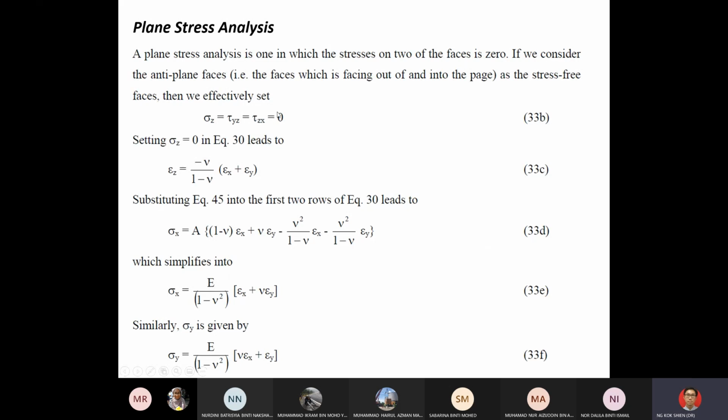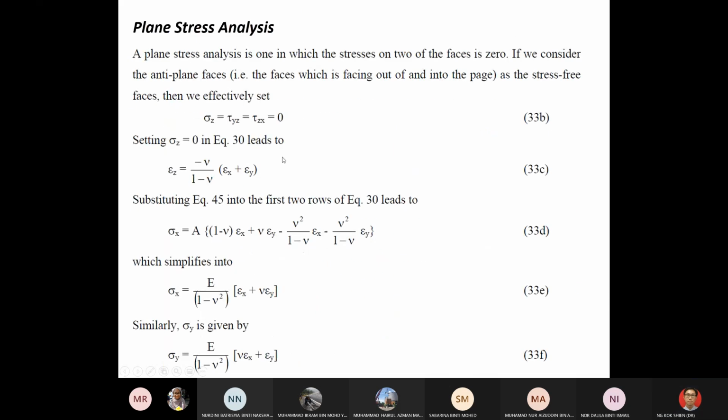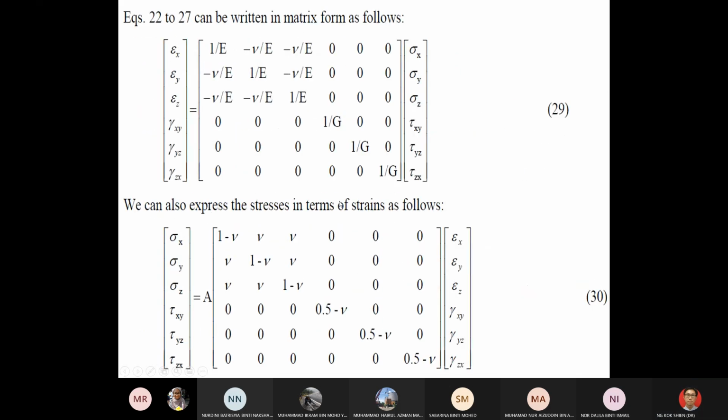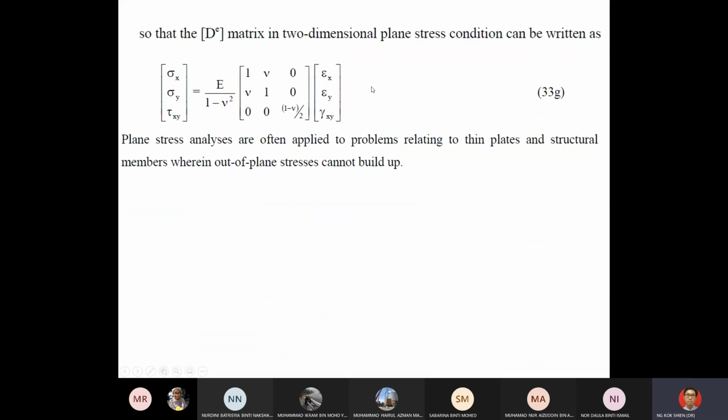So when the stress in the z direction is zero, together with the shear stresses also zero, then we can simplify the previous matrix form. You do some mathematics, we put everything that is zero into the matrix form. Stress equal to 0, this one also equal to 0. Then eventually you will get something like this.